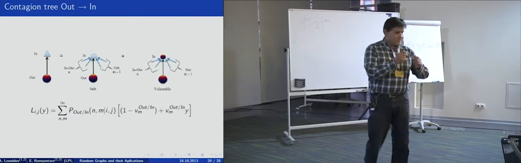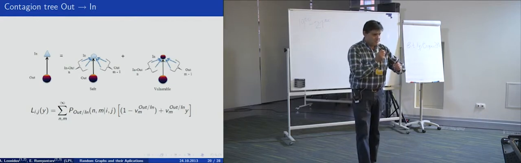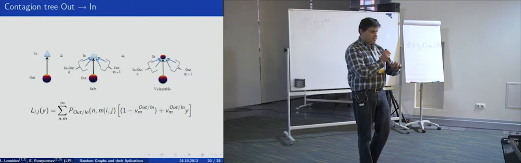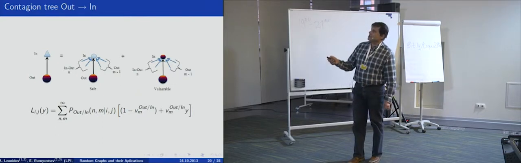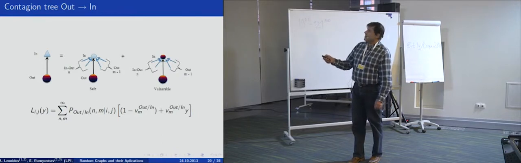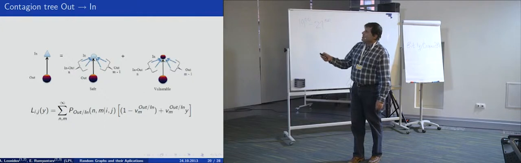You have several functions that describe the contagion. For example, here starting in out and going to in directly, and then within this node, from which to which you arrive.